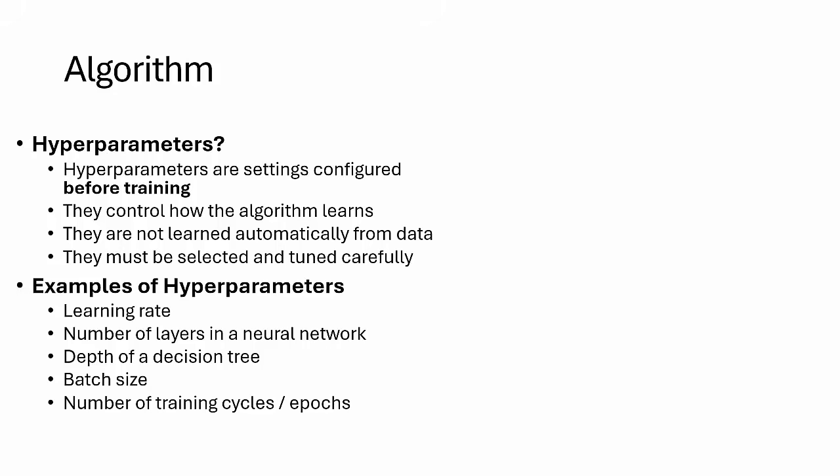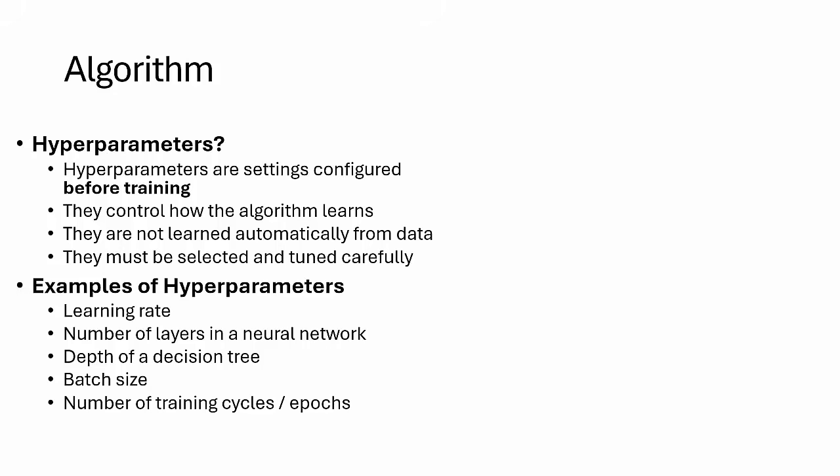But a hyperparameter is a setting we have to choose before training that controls how the algorithm learns. This is an exam question also. Hyperparameter is all about the level of learning. It's called a learning setting, like the learning rate, the number of layers, the depth of decisions, the number of neighbors, the number of clusters.